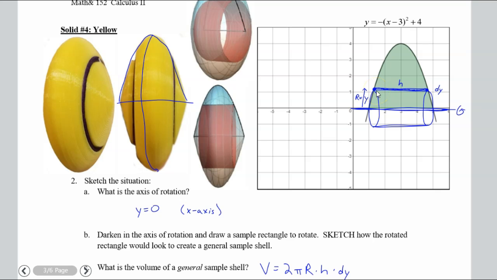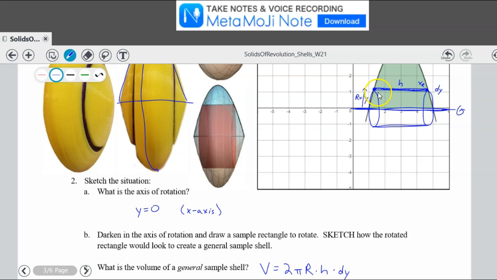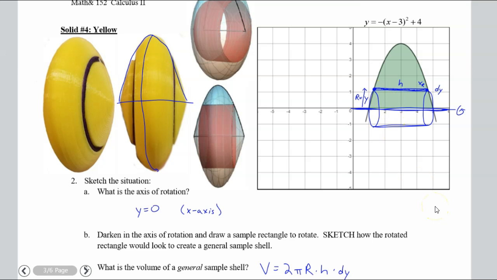And right now, it's just the difference between this x on the right minus this x on the left. So we could say x right and x left. Go ahead and put that over here. And I need the difference between those two to get that height. So let's go ahead and put that over here. So the height is this x on the right minus x on the left.